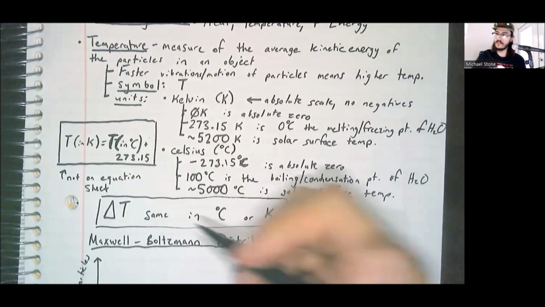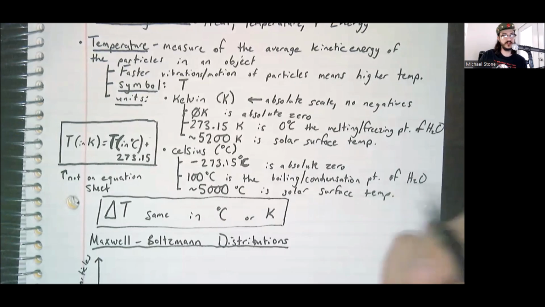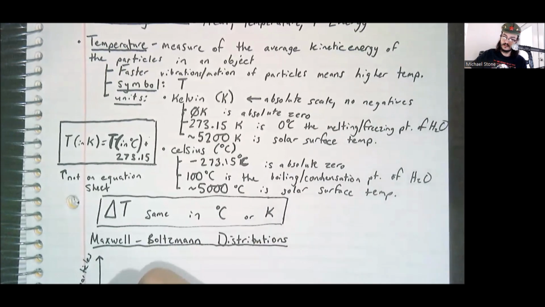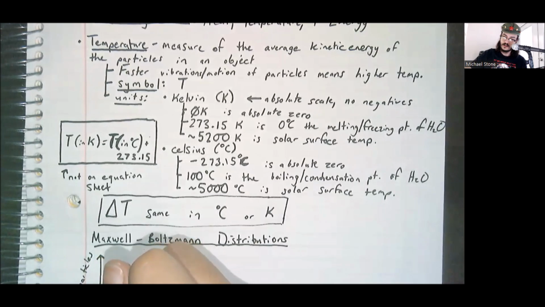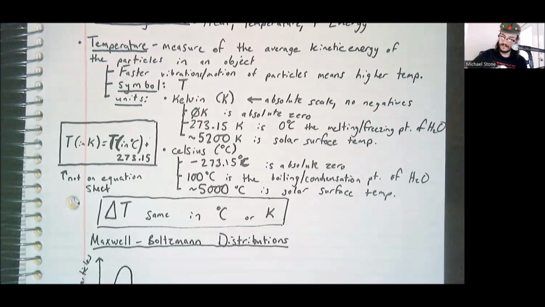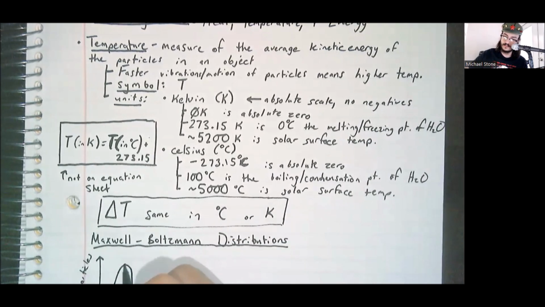I'm not going to get into the weeds of demarcating. So let's say that something is at 100 Kelvin, very cold. Its Maxwell-Boltzmann distribution might look something like that. Usually they tail a little bit off to the right, though.